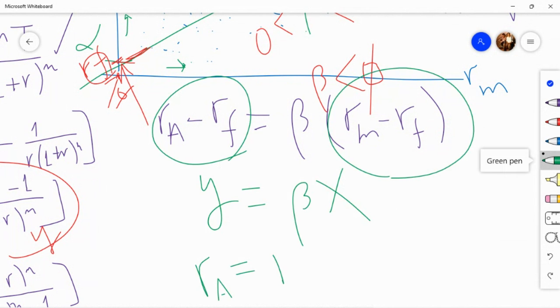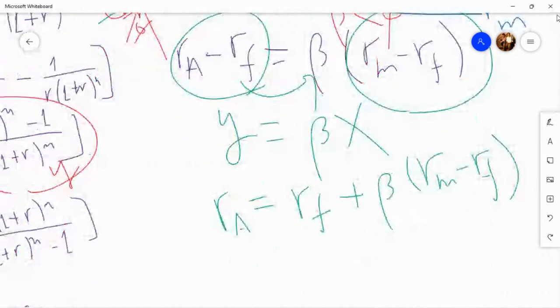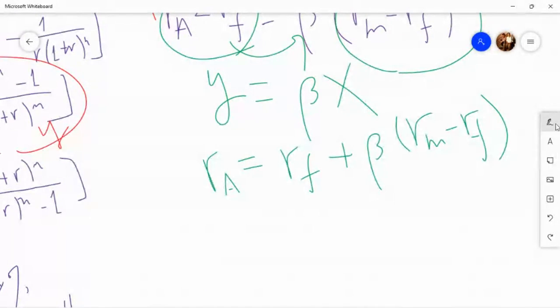Return on A is, you move it to the other side, RF plus beta times RM minus RF. Now this is called CAPM. This formula is called CAPM. What does CAPM mean? Capital Asset Pricing Model. CAPM.